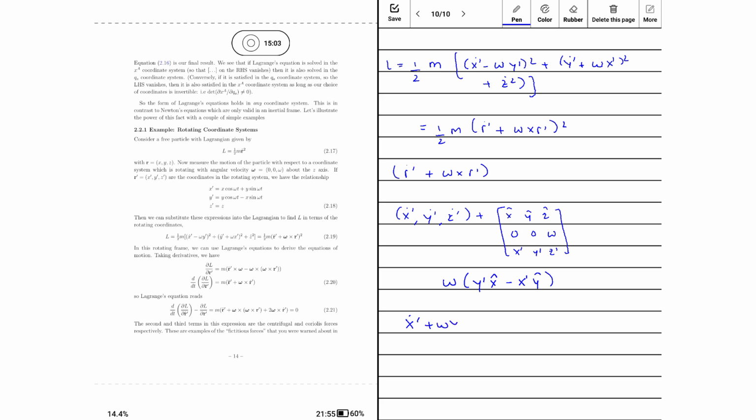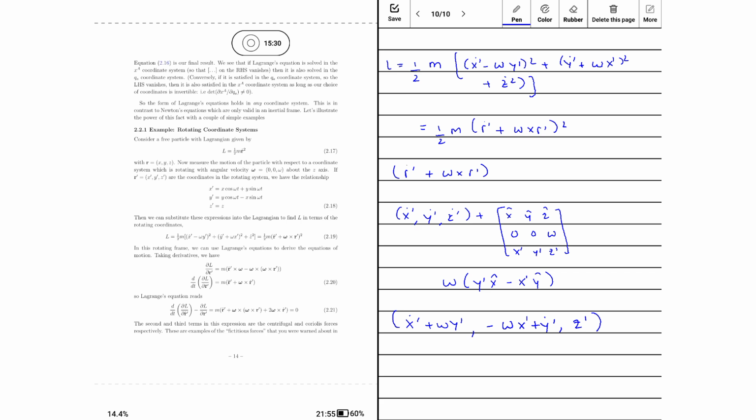So y dash. Did I mess up some sign? Let's just go. So the vector will be this: minus omega x dash plus y dash, and then we have z dash.